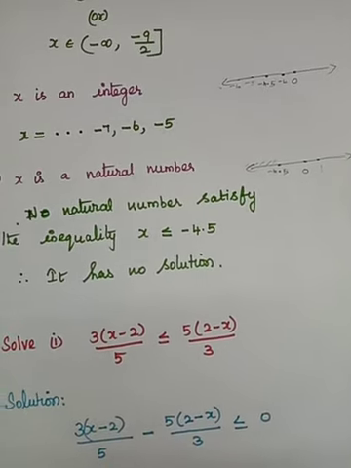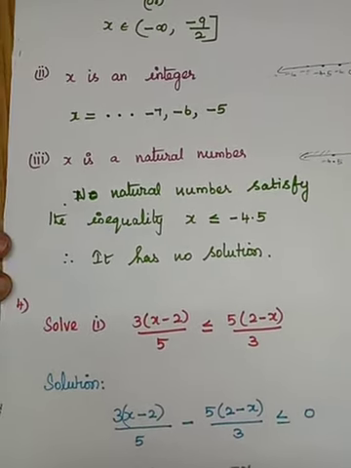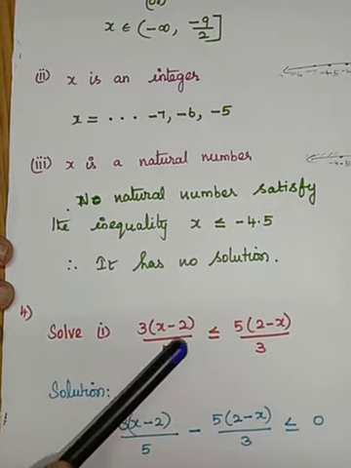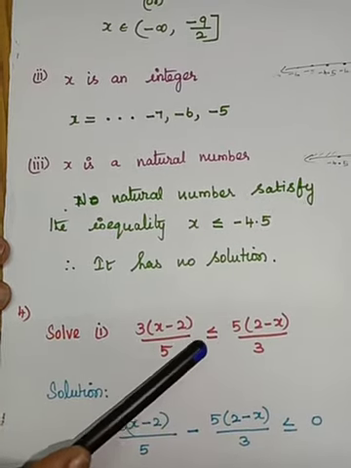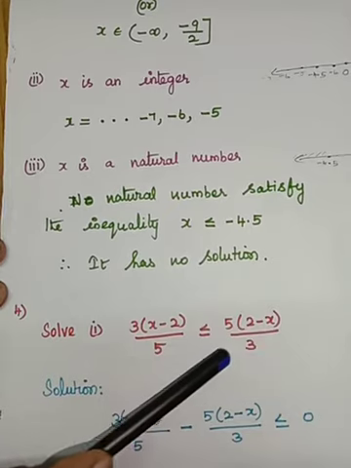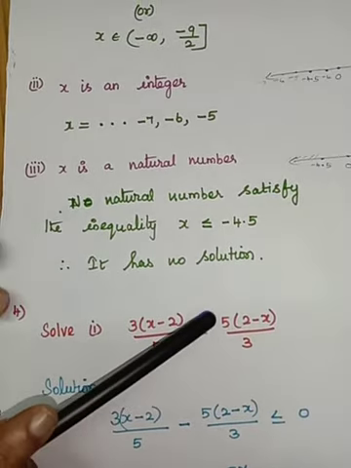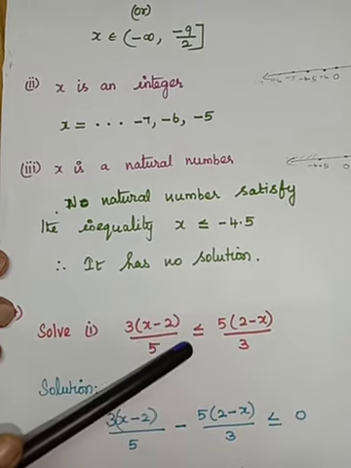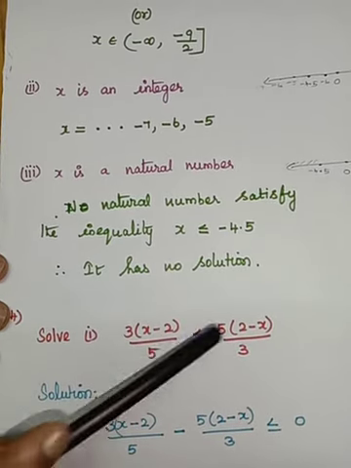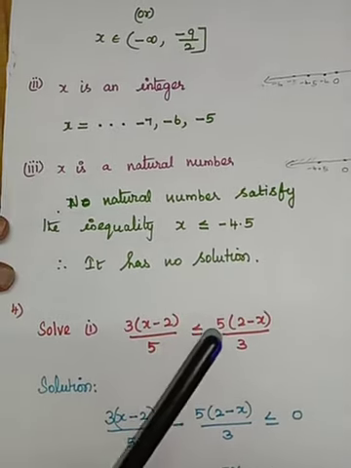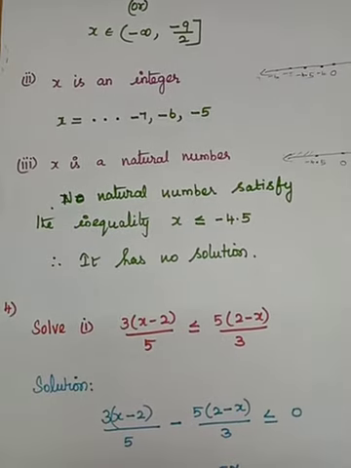Okay, come to the fourth one. Solve 3 into x minus 2 by 5 less than or equal to 5 into 2 minus x by 3. Since it is an inequality, you should not cross multiply. You have to bring one term to the other side.